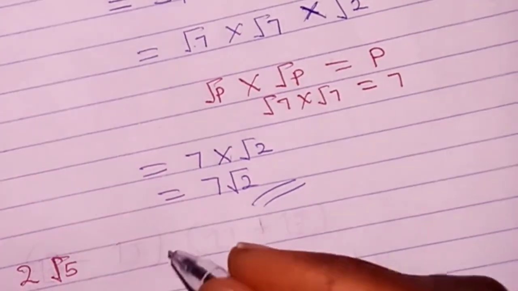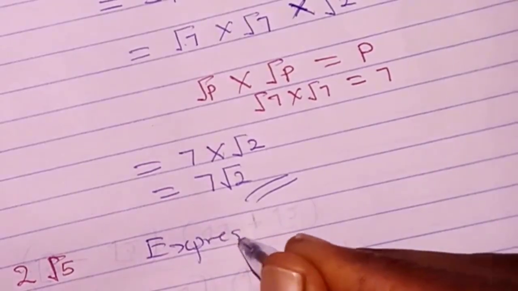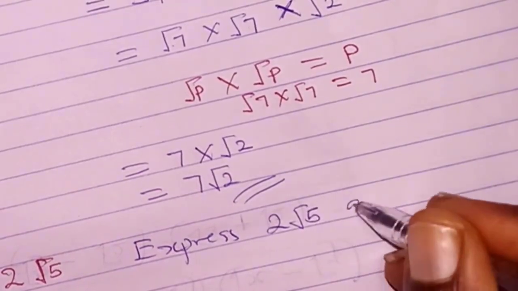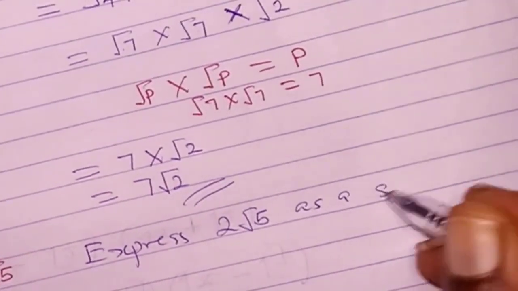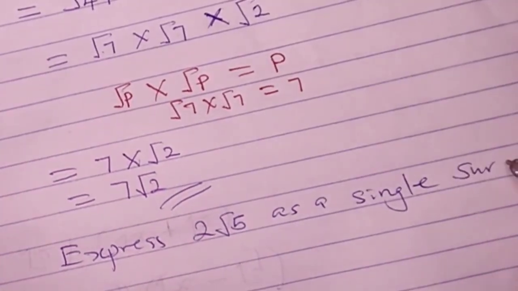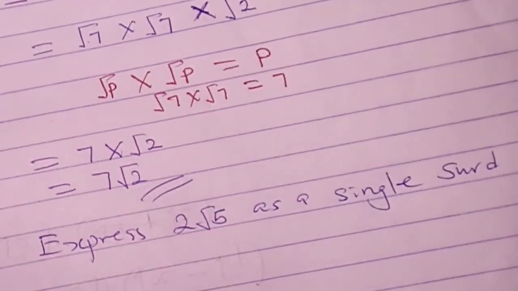Let me write down the question. Express 2 root 5 as a single surd. How can we do this?